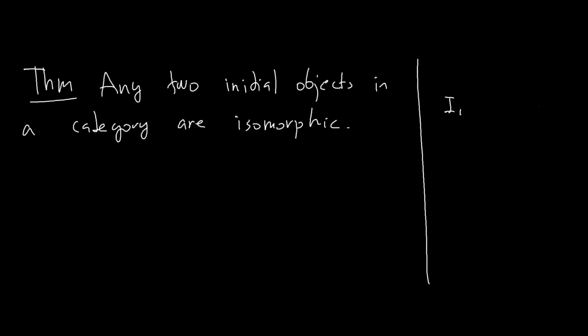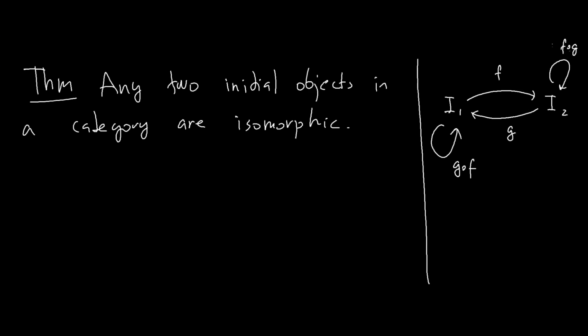So if I've got two initial objects, I1 and I2, because I1 is initial, I've got a unique morphism here, let's say F. Because I2 is initial, I've got a unique morphism the other way, G. Then I can compose them. I can consider the composite GF, and on this side, FG.